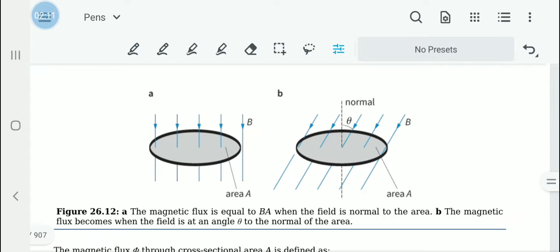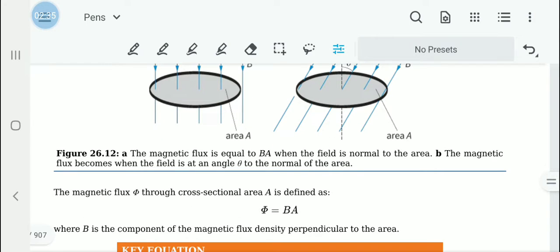So this is if the field is normal to the area, that is, if it makes a 90-degree angle with the area. However, if the magnetic flux is at an angle, if it is not normal, if it is at a theta angle, what will happen?